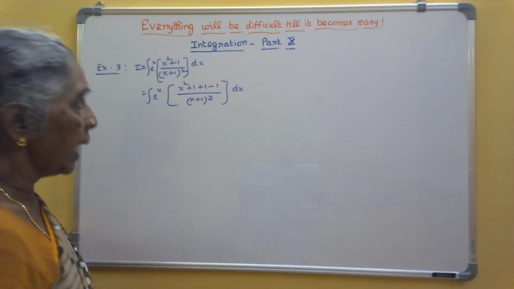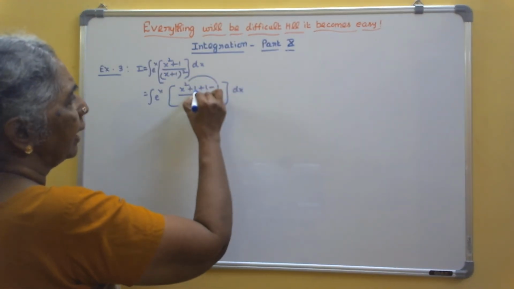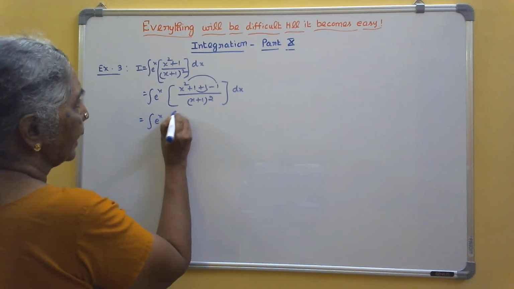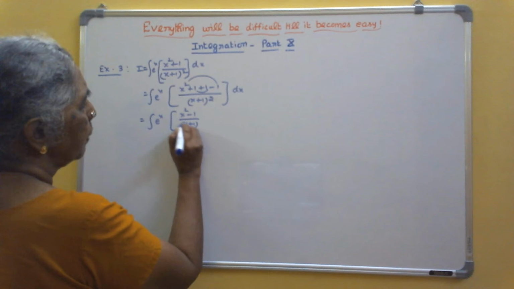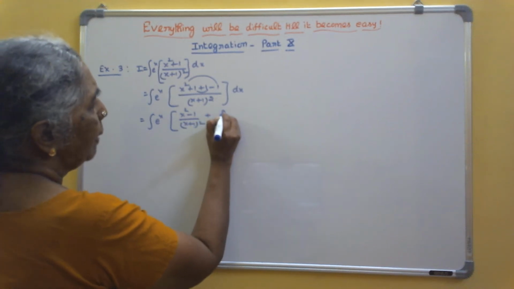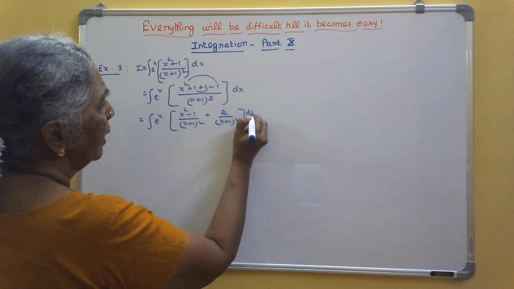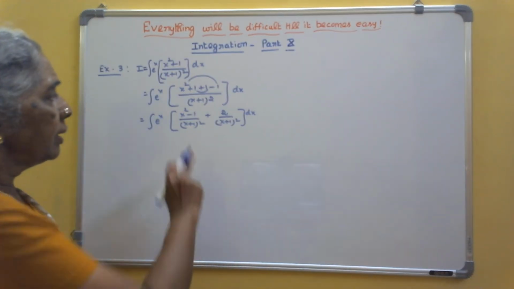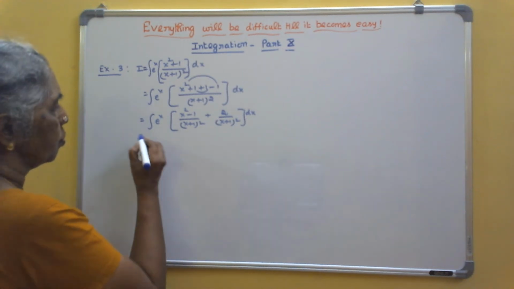Okay? Now I am going to combine this and this, and I am going to combine this and this. That is, I will write e power x into (x squared minus 1) by (x plus 1) the whole square plus 2 by (x plus 1) the whole square dx. Right? Do you follow? Now x squared minus 1 you can write as (x plus 1) into (x minus 1).